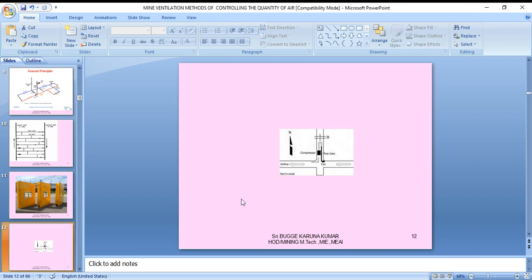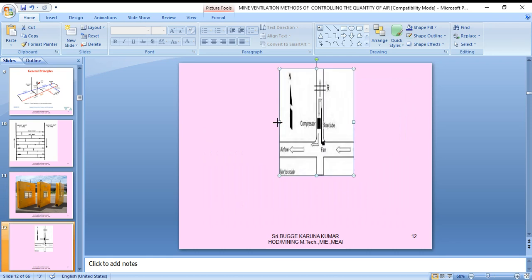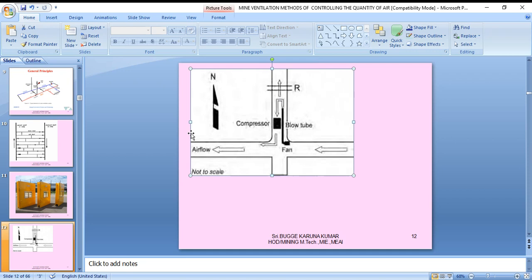Then one more regulator I am showing here. You can easily understand.